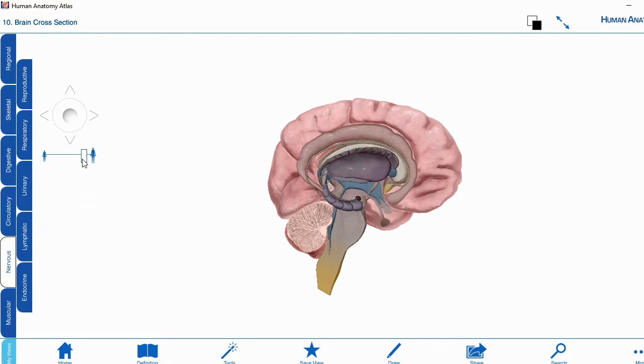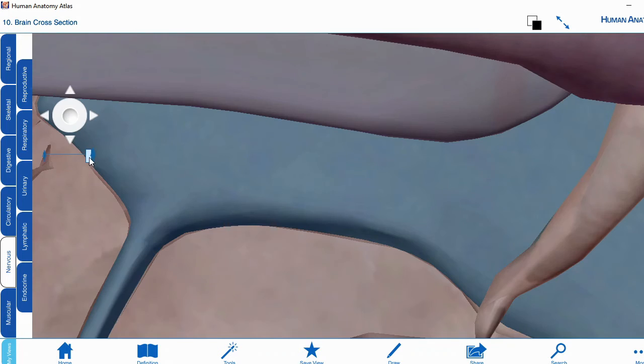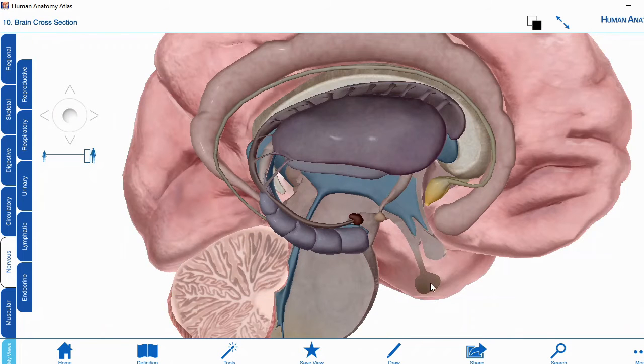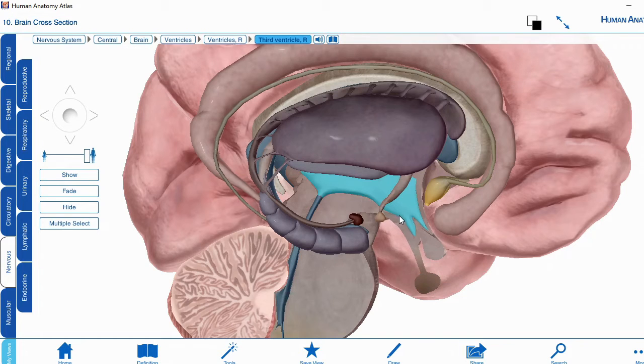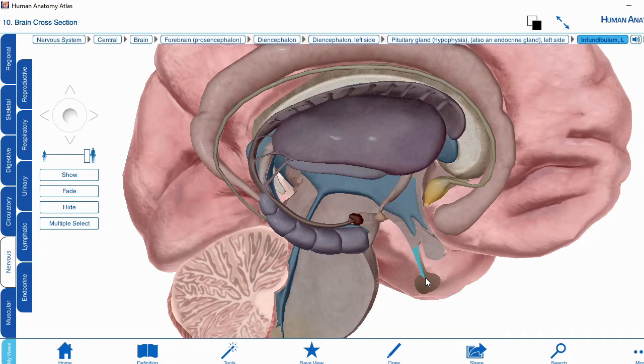I can just enlarge it again. Yes beta, these are the various lobes of the pituitary gland, and this portion where the pituitary gland connects is the hypothalamus, and the midbrain portion connects with the hypothalamus, and the hypothalamus connects with the pituitary gland.